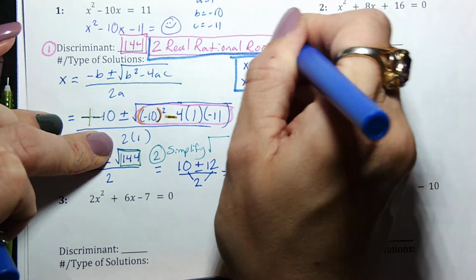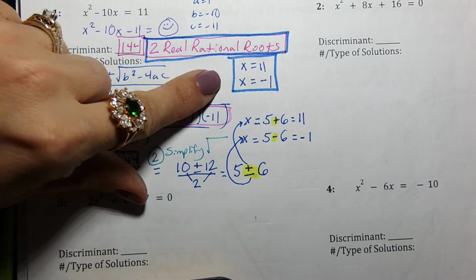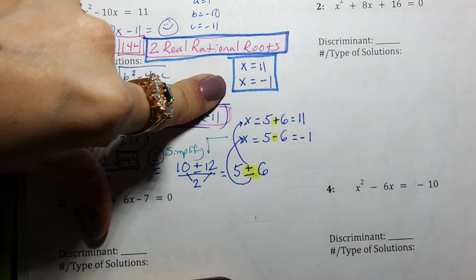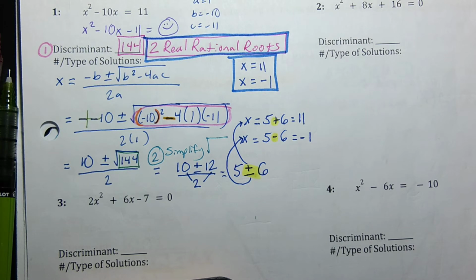Real, because we can see them on our graph. Rational, because those are integers. Now, could we have solved that one by graphing? Would I have been able to find those x-intercepts on my graph? Yep, they're exact numbers. What about by factoring? Could I have solved it by factoring?